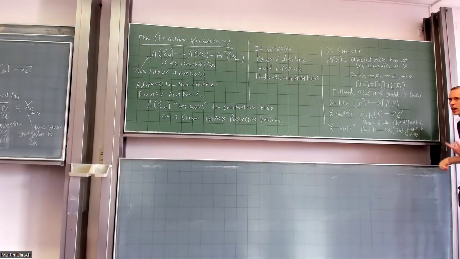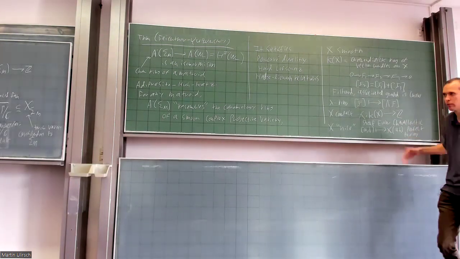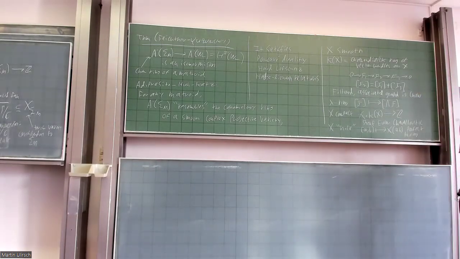Meaning it's non-degenerate after you tensor with Q, let's say. Nice means something like the algebraic K-theory coincides with the topological K-theory. So this is some sort of K-theoretic analog of Poincaré duality.